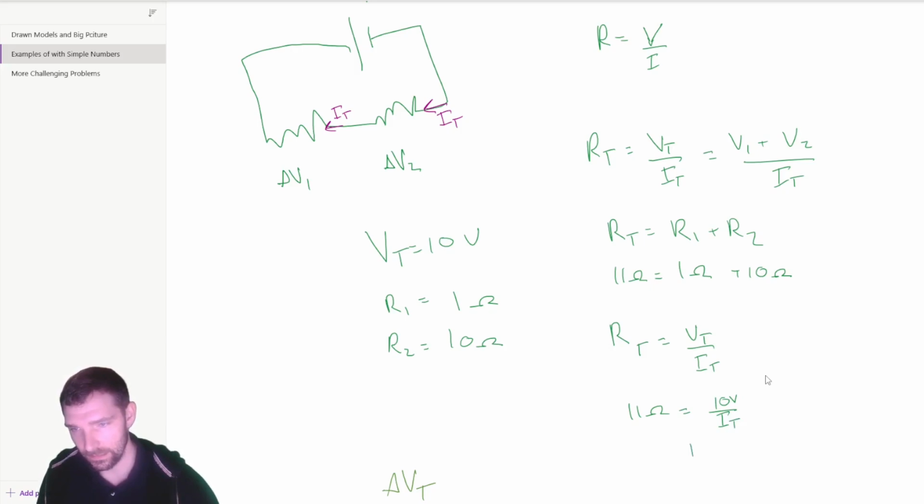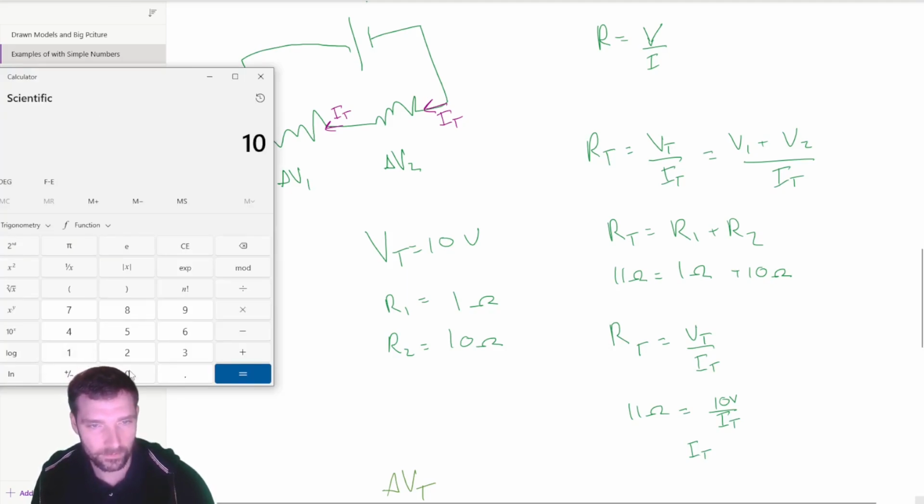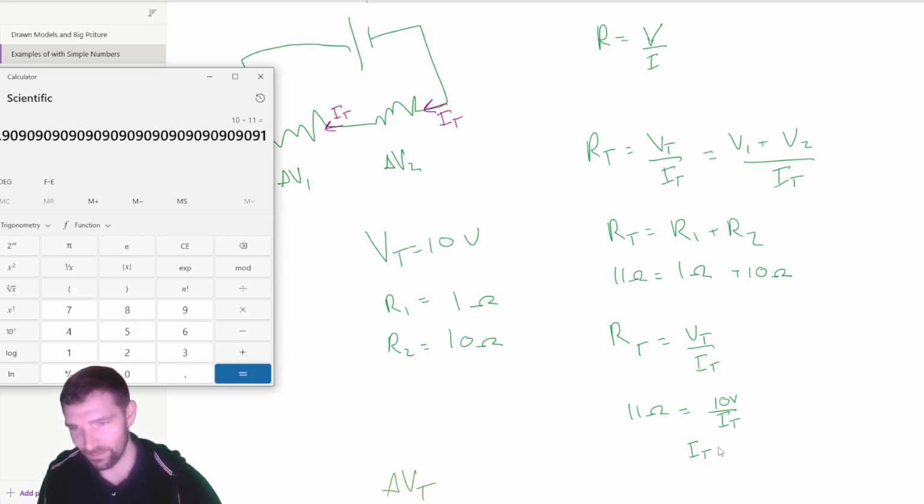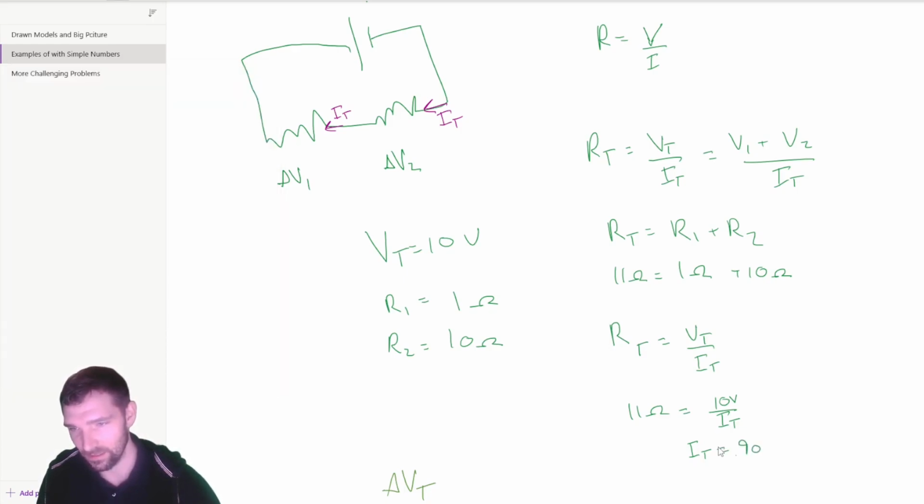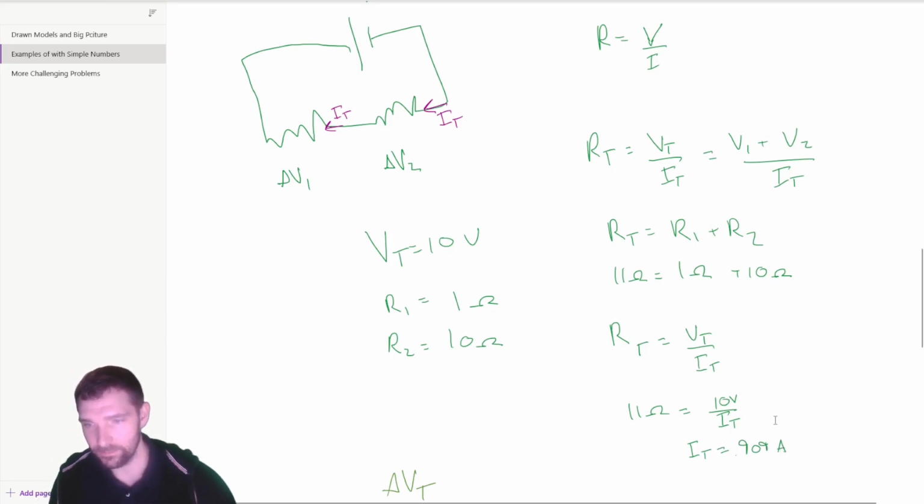You can isolate for IT there. I believe that's going to be 10 over 11. So these numbers are going to look very similar. So that would be that current that we're seeing there, and that's going to be amperes right there.